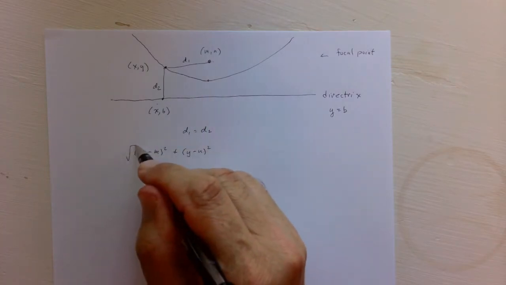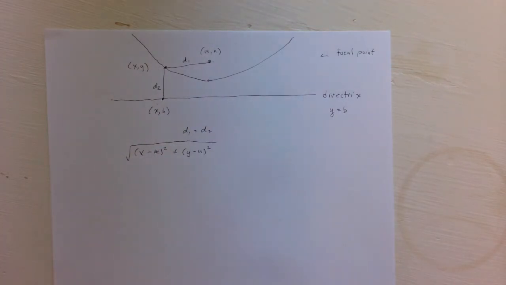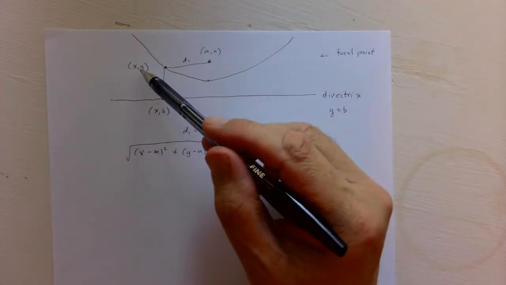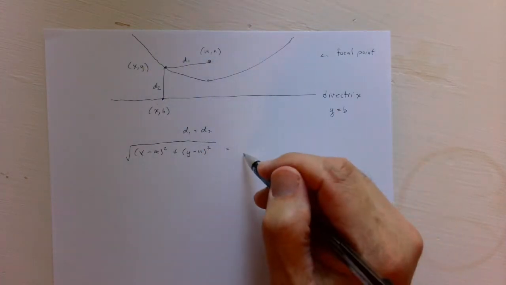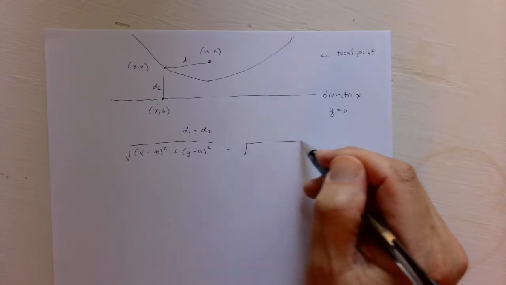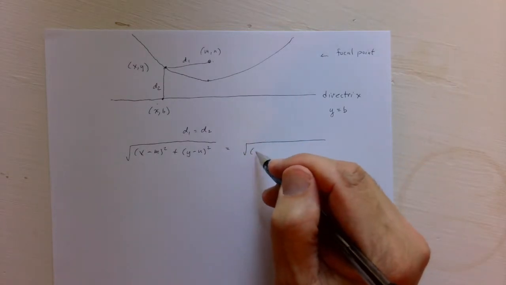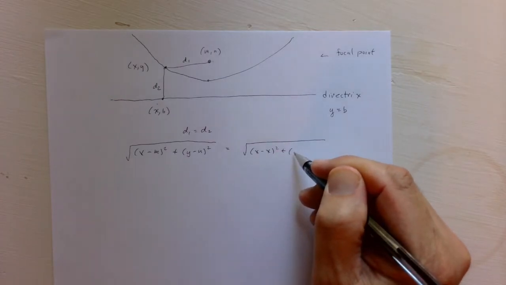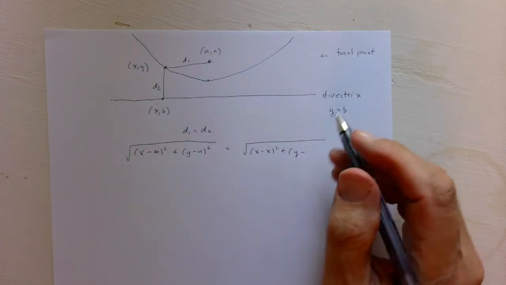And d2 is the square root of (x minus x) squared plus (y minus b) squared.